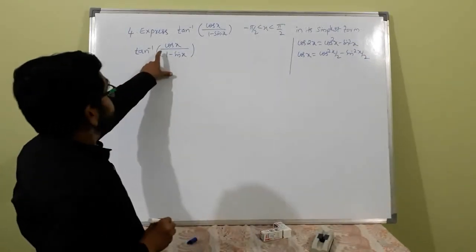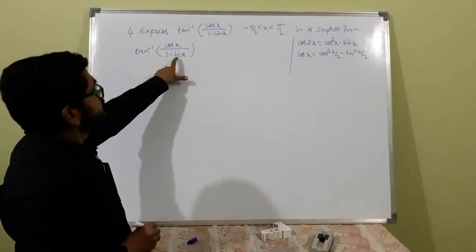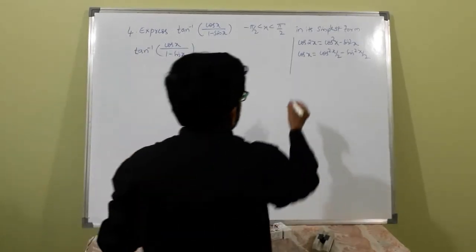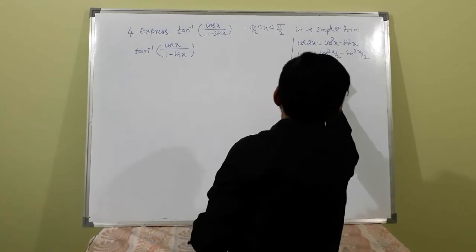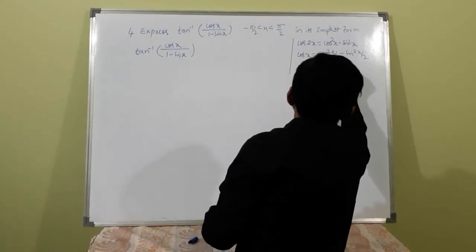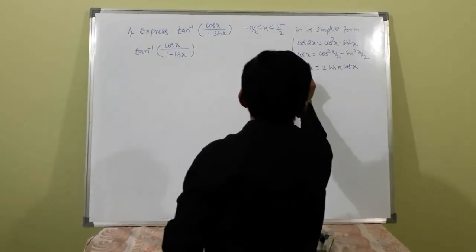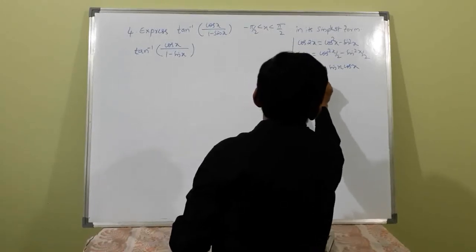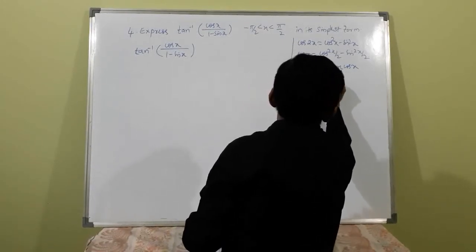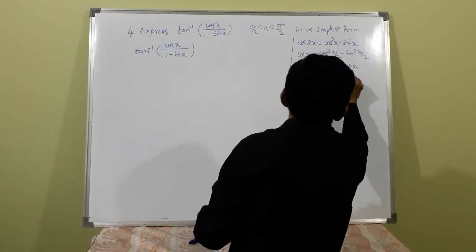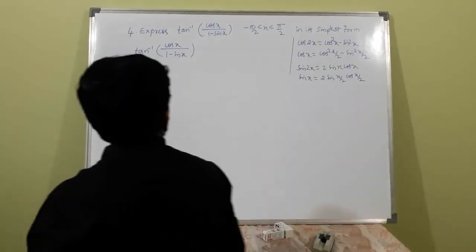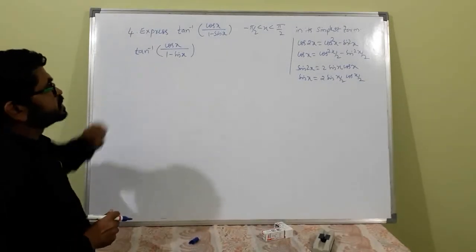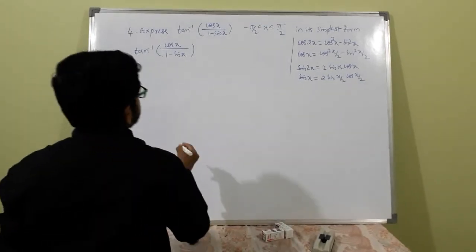If you write numerator like that, and this sin 2x, you know, 2 sin x cos x. Similarly, sin x is equal to 2 sin x by 2 cos x by 2. Okay, you substitute there. Let us see what you will get.